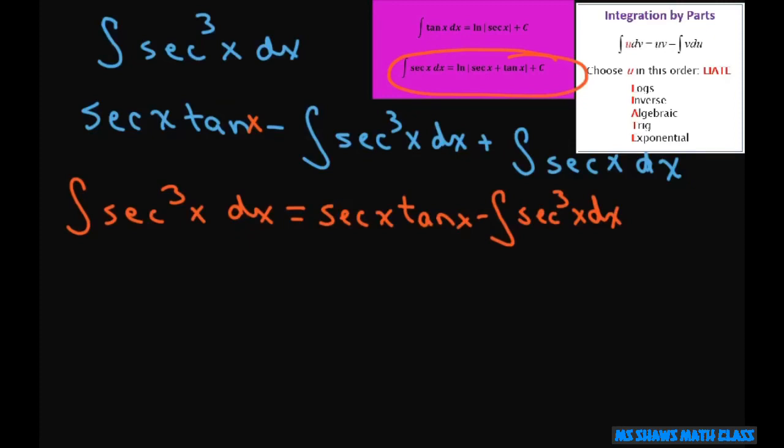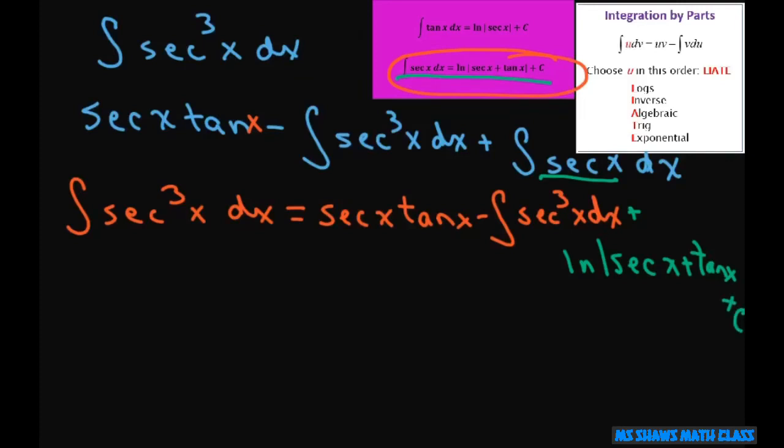So if you take the antiderivative of secant x, you're going to get plus ln of secant x plus tan x, and this is going to be plus c.